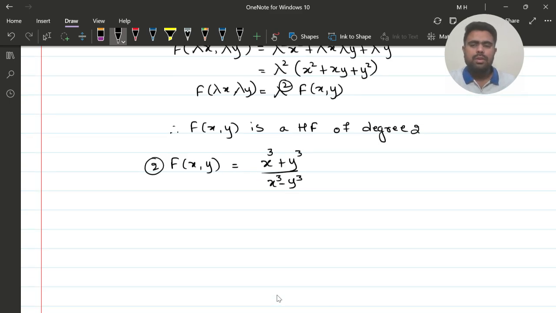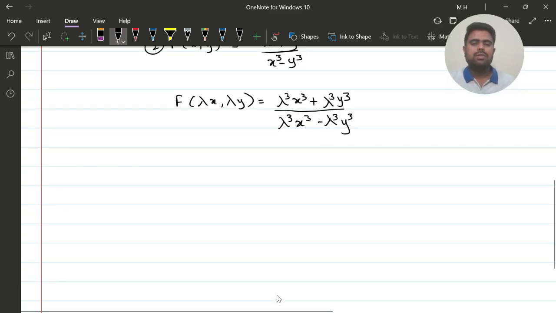If I replace x by lambda x and y by lambda y, I get lambda cube x cube plus lambda cube y cube, divided by lambda cube x cube minus lambda cube y cube.